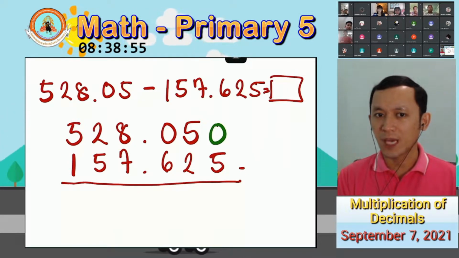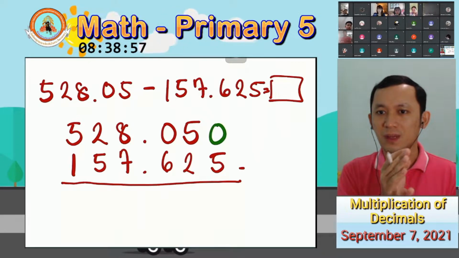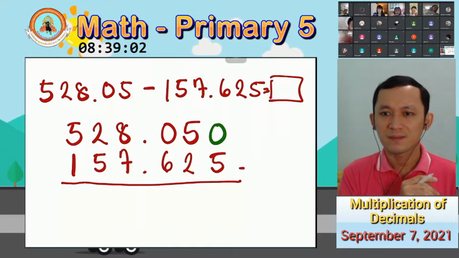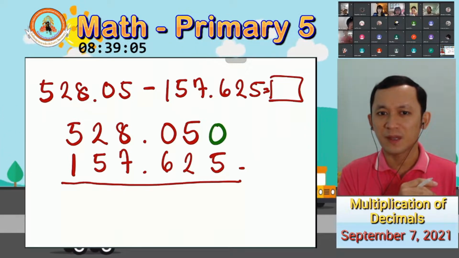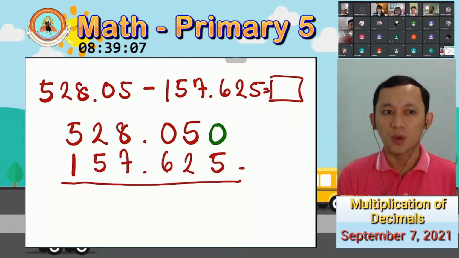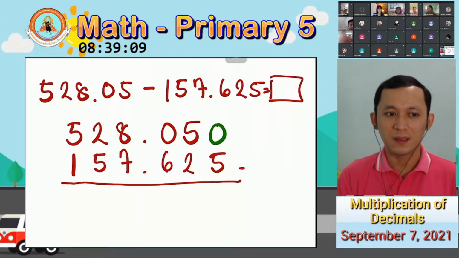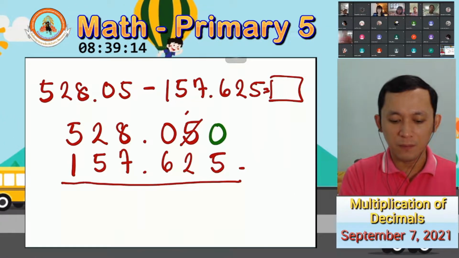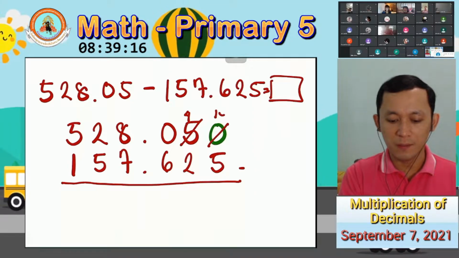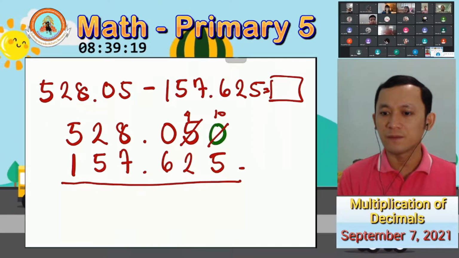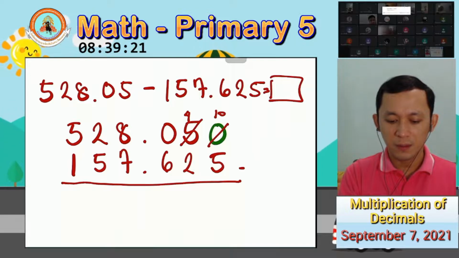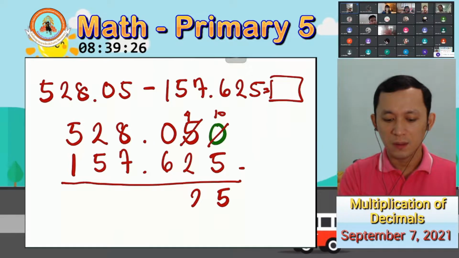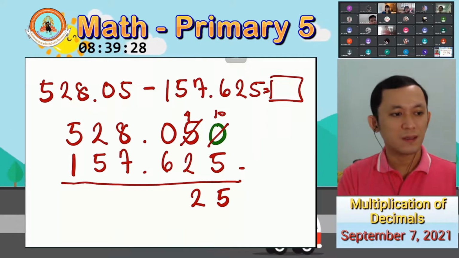0 minus 5. Can we subtract 5 from 0? Yes or no? No, we cannot. So we are going to borrow from 5. 5 became 4. 0 became 10. 10 minus 5, 5. 4 minus 2, 2. 0 minus 6, cannot be.